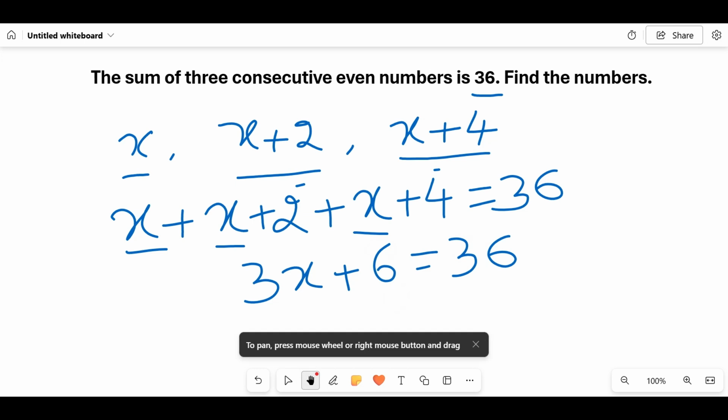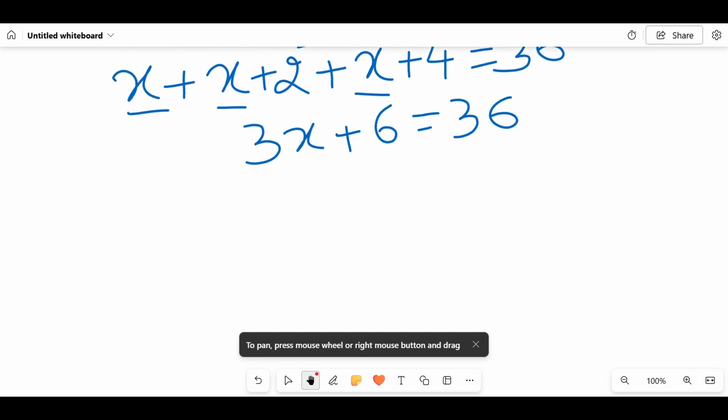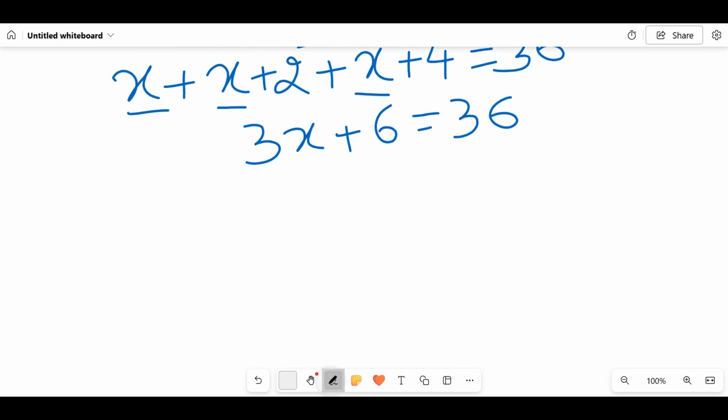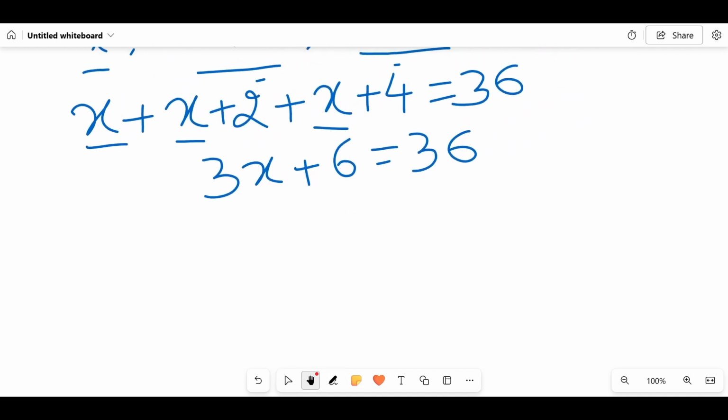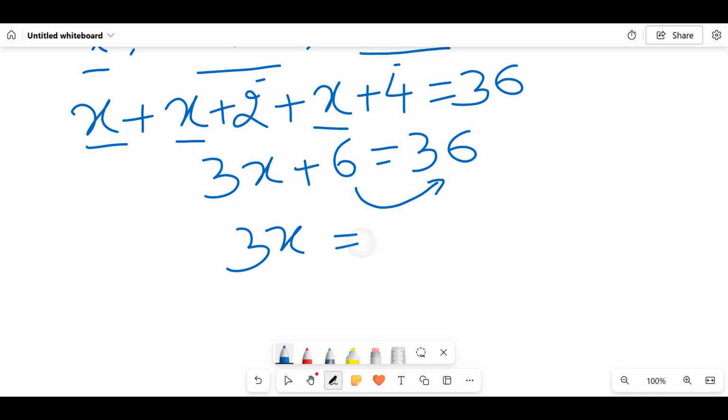Now this 6, I'll send to the right hand side, so it will become minus 6. So 3x is equal to 36 minus 6, which is equal to 30, right?